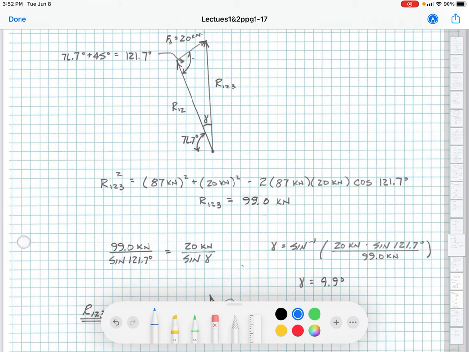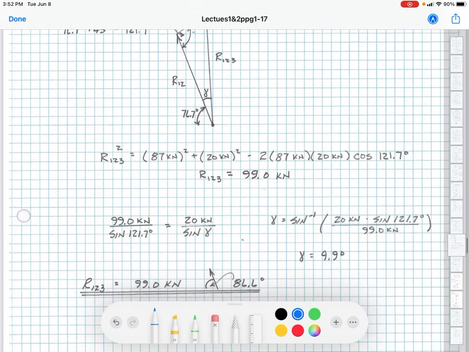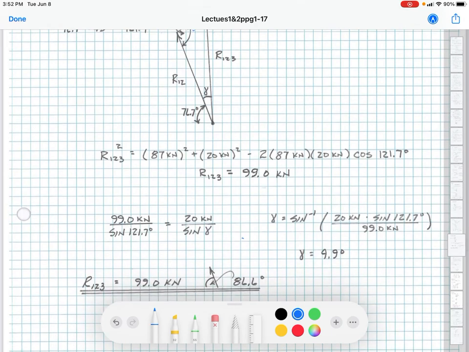Again, taking our law of sines, we have 99 over the sine of 121.7 is equal to 20 over the sine of what we're calling gamma. Solving for gamma, this angle right here, we get that it's equal to 9.9 degrees.